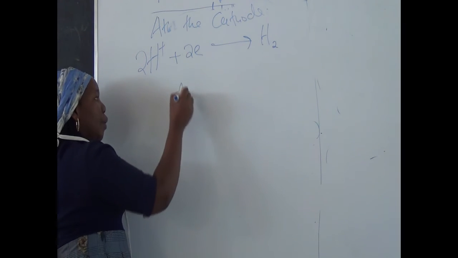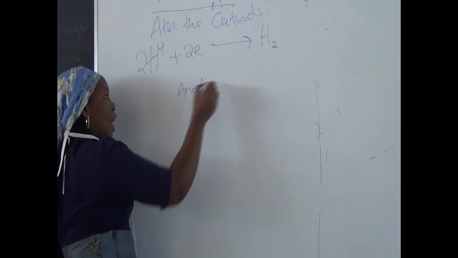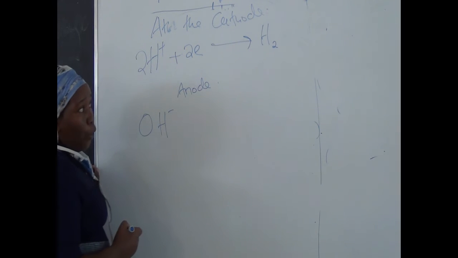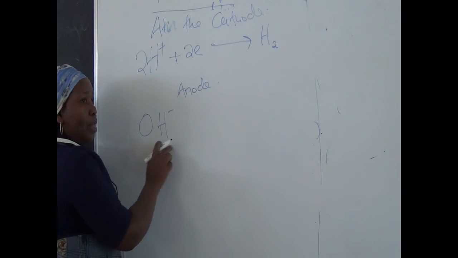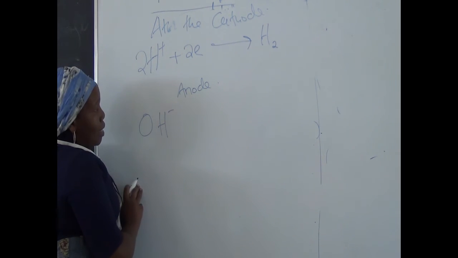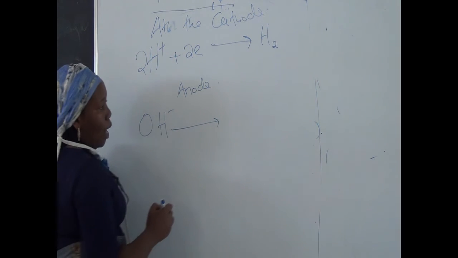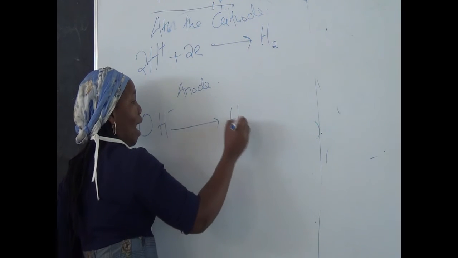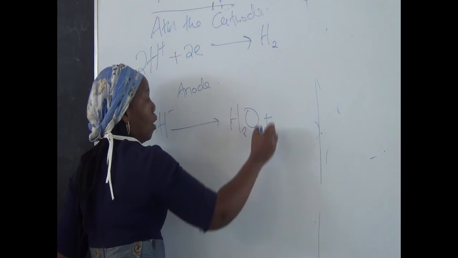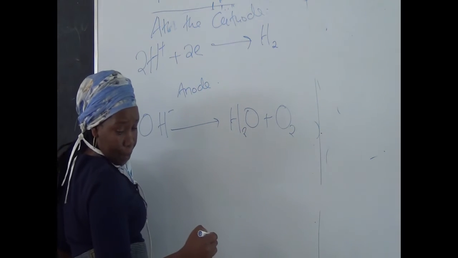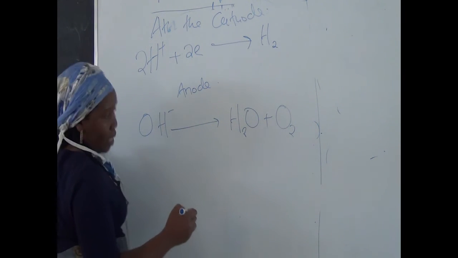Then at the anode we said that the OH ions are going to be discharged. And when the OH ions get discharged at the anode, we have 2 products. We shall have water and we shall also have oxygen gas.